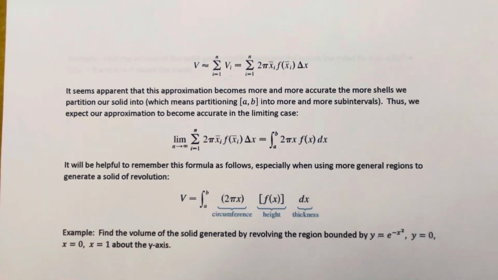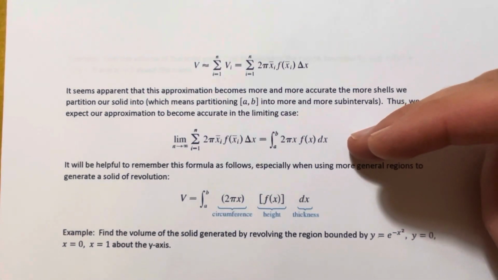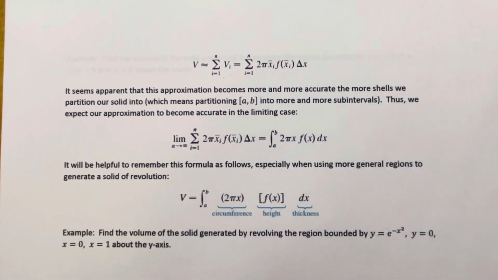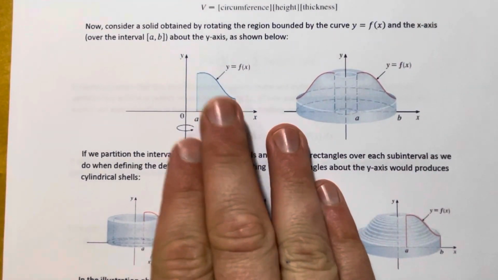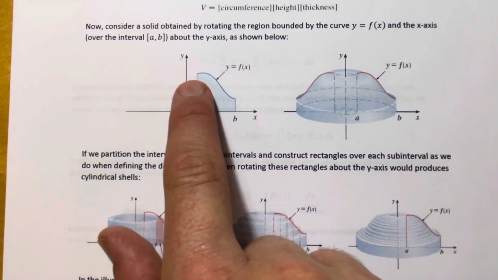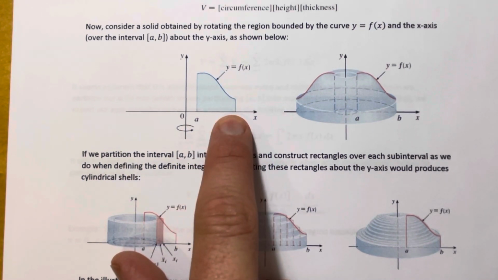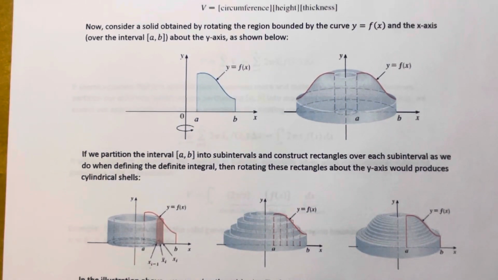Now, I would recommend not memorizing this particular formula, because it is specifically going to give you the volume of the solid of revolution that's described this way. It would only work if this is a region that's bounded above by some curve y equals f(x) and below by the x-axis, and if we're rotating that about the y-axis.